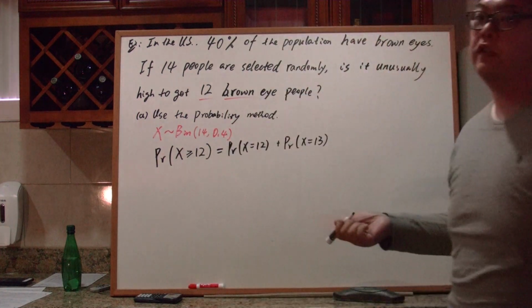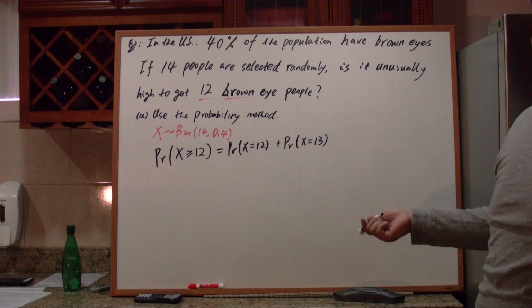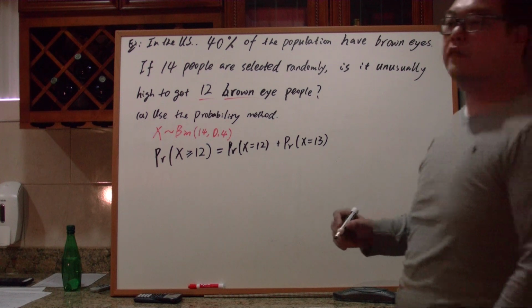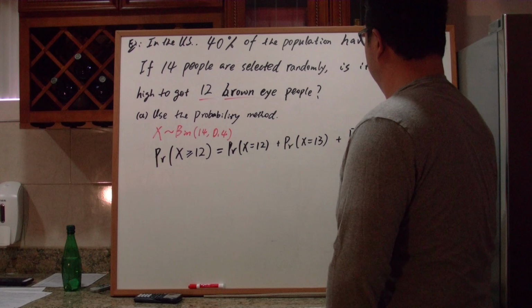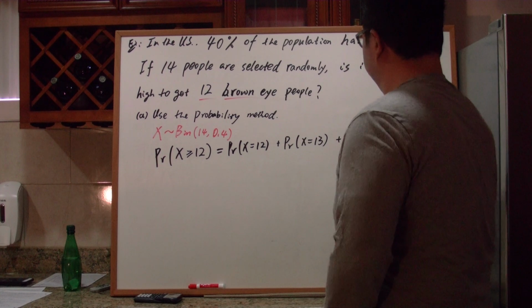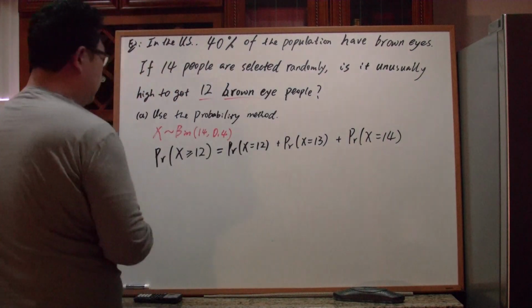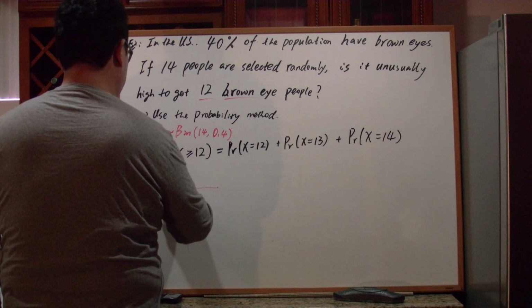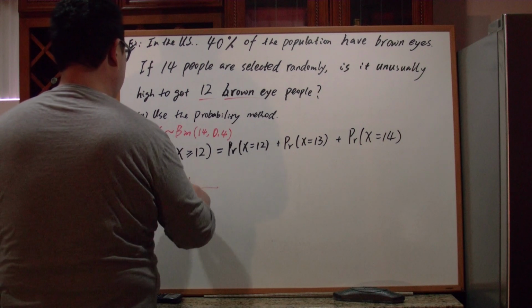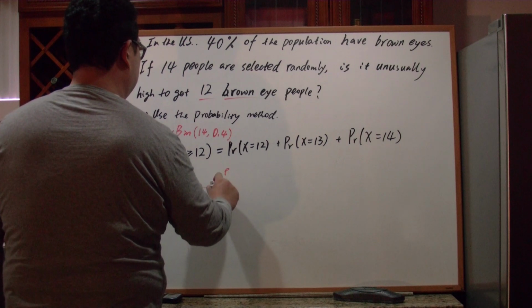$12 and higher for a total of 14, that means it is 12 or it is 13 or it is 14. Then we could go to the table of n equal to 14, that block, with p equal to 0.4.